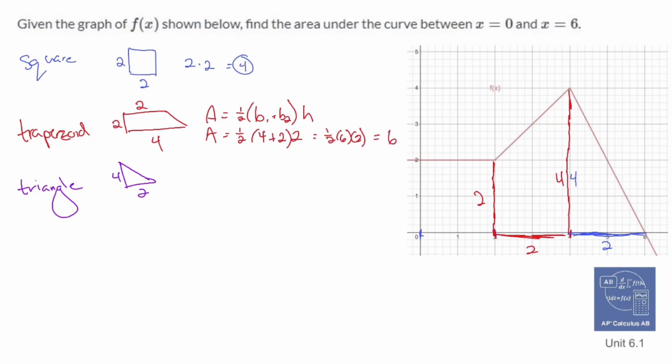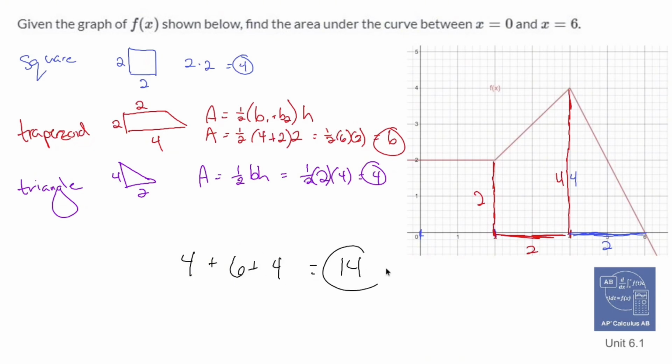The triangle area formula is 1/2 base times height. So 1/2 base would be 2 times height would be 4, which ends up being 4. So take all three of these numbers, 4 plus 6 plus 4 is going to be 14. And that's going to be your area.